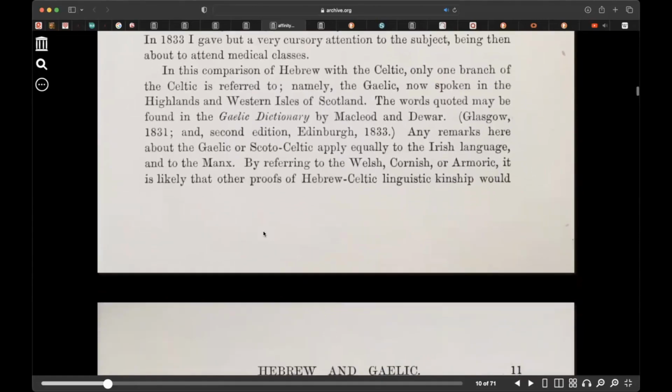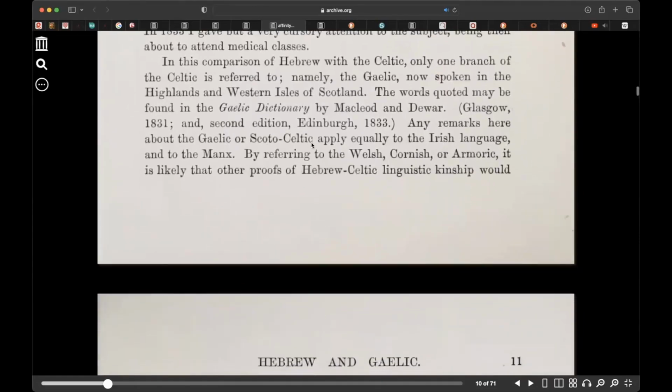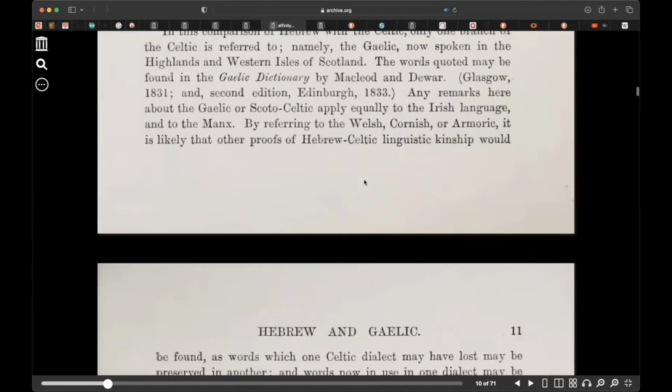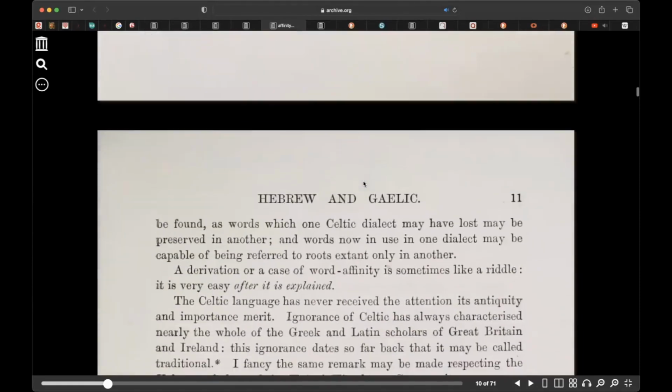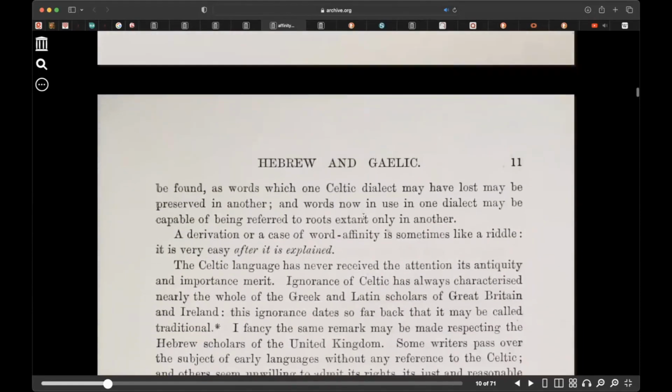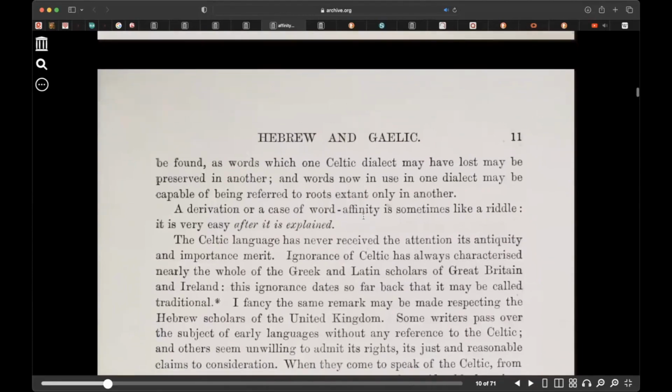Any remarks here about the Gaelic or Scoto-Celtic, Scoto, Scata, Saka, Sak, sons of Isaac, apply equally to the Irish language and to the Manx, and by referring to the Welsh, Cornish, or Armoric. It is likely that other proofs of Hebrew-Celtic linguistic kinship would be found, as words which one Celtic dialect may have lost may be preserved in another.